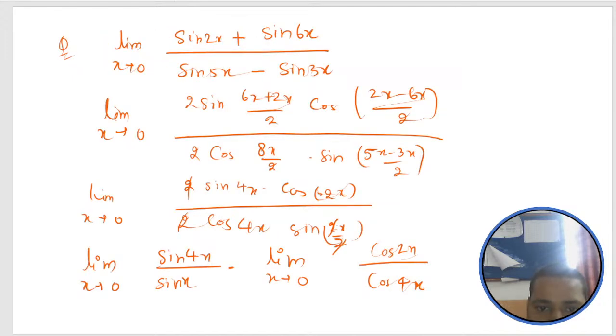Limit x tending to 0 of sin 4x by sin x, and limit x tending to 0 of cos 2x by cos 4x.